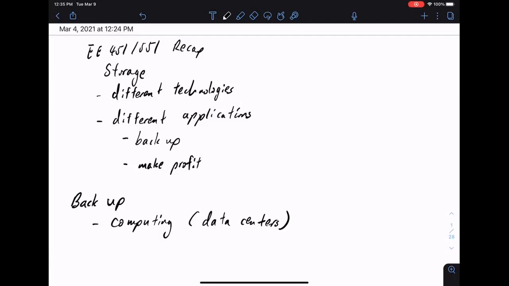So how will you design the storage? What kind of storage would you buy? What is the power capacity and what is the energy capacity? So if you have, let's say, a 10 megawatt data center, then what is your power capacity for that data center? How will you design it?